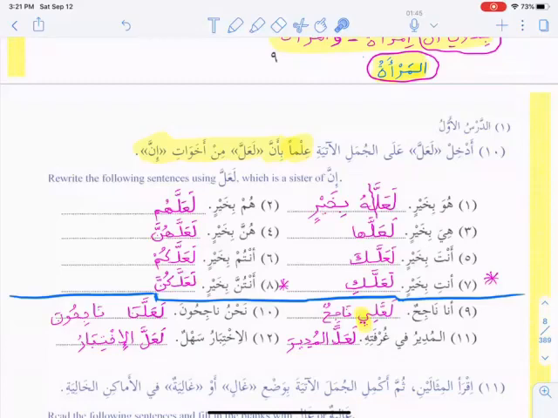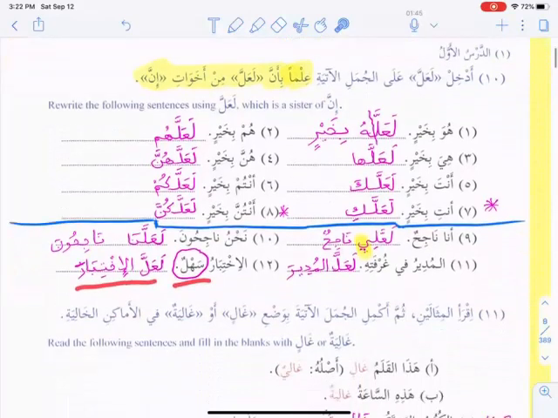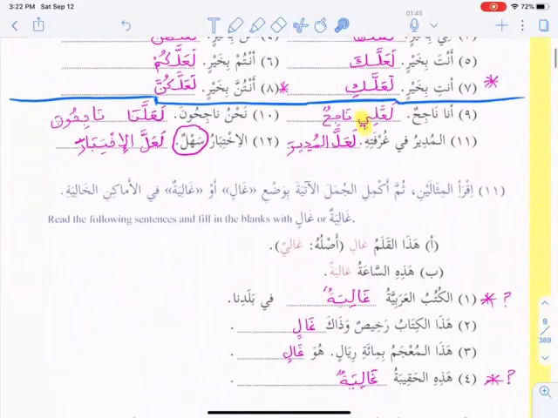So you say, la'alla al-ikhtibara. I hope the examination, what kind of examination do you want? I want the examination to be easy, sahalun. So la'alla al-ikhtibara sahalun. Alhamdulillah.